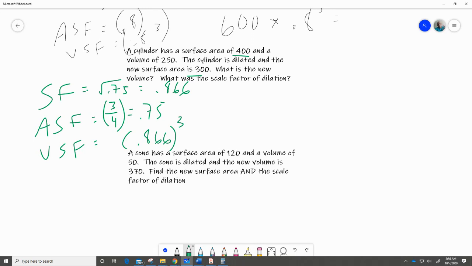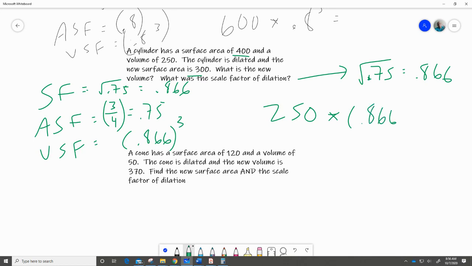The scale factor of dilation is the square root of 0.75, which is our 0.866. The original volume was 250, and we know the volume is going to multiply by 0.866 to the third power. Plugging in our rules and our formulas there.